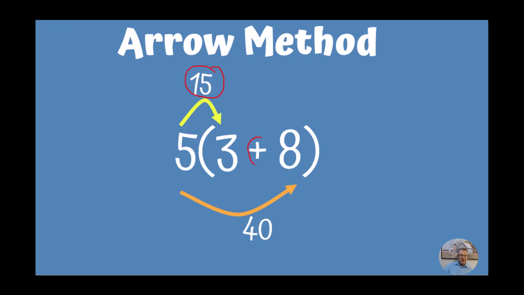What operation are we doing here? So we are adding. So in this case, we are combining two positive numbers. So it's just addition, right? So what's 40 plus 15?